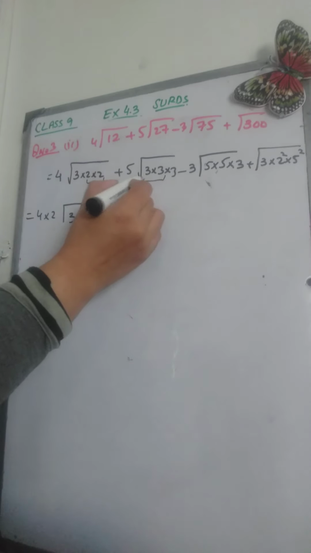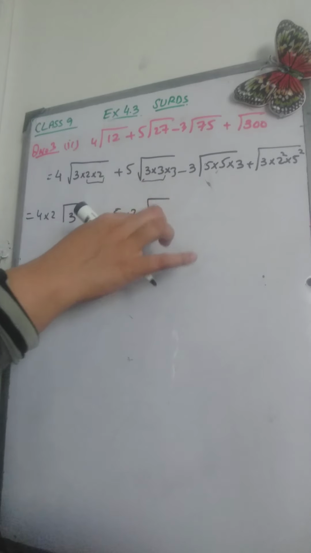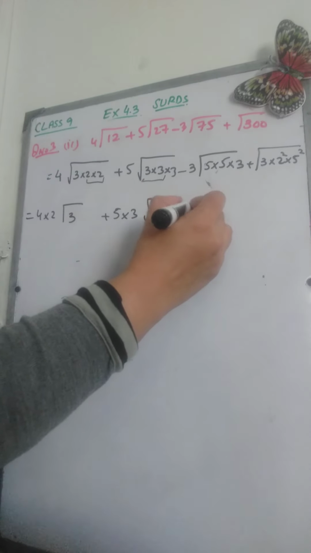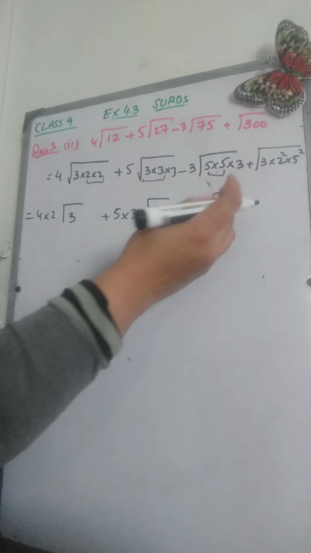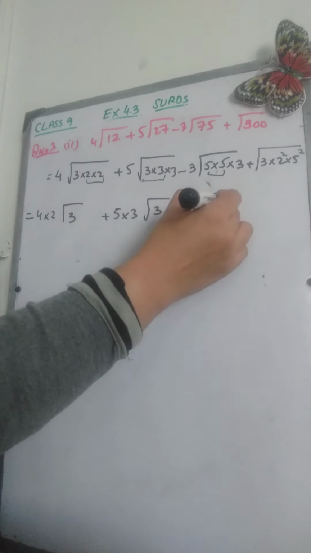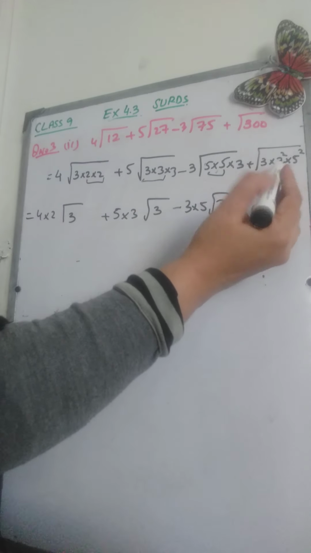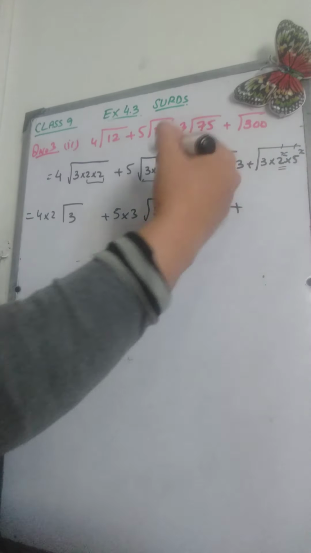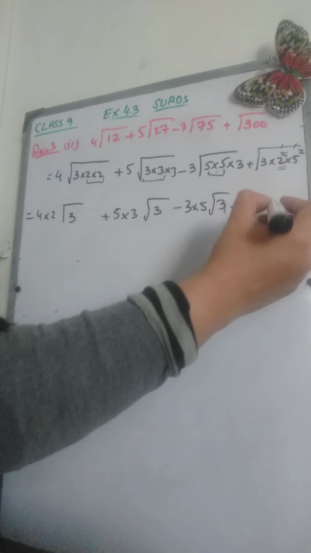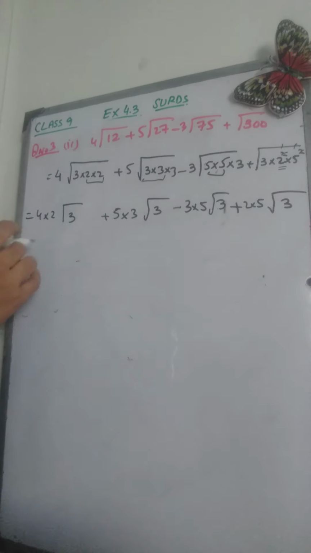Plus 5 over here, 3 can be pulled out, and this 3 will remain under the radical sign. Over here also 5 will be taken out of the radical sign, and 3 will remain under the radical sign. Okay, plus over here the square root and square will be cancelled out because 2 into 5 can be taken out of the radical sign, and we will have only under root 3 in the radical sign.